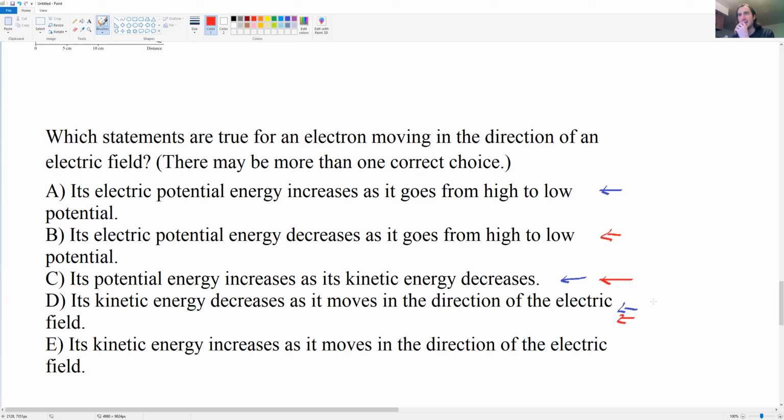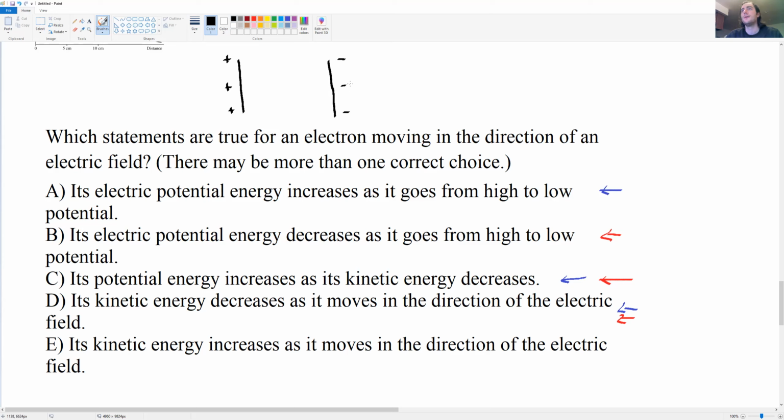All right, so let's think about this. Electric potential energy increases as it goes from high to low potential. I saw one group discussing it in terms of the parallel plate capacitor, where we have a positive plate here and a negative plate over here.